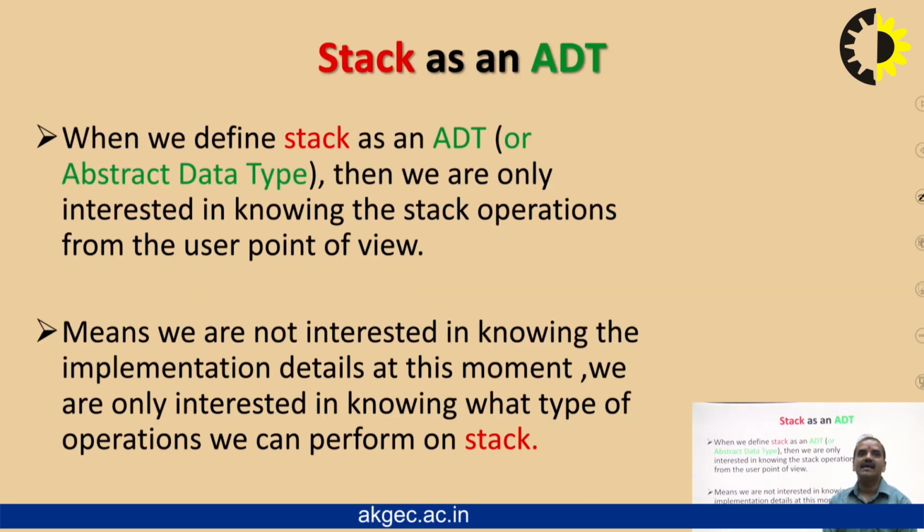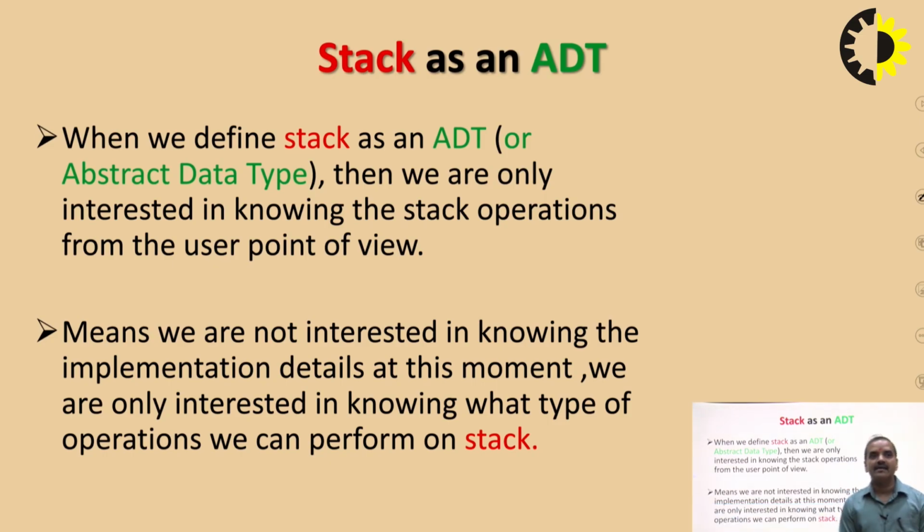This is the stack as an ADT. How do we use stack as an ADT? When we define stack as an ADT, or abstract data type, we are only interested in knowing the stack operations from the user's point of view. We have not classified how the operations work or how they are implemented. We only focus on what operation we have to call and where we have to call these operations.